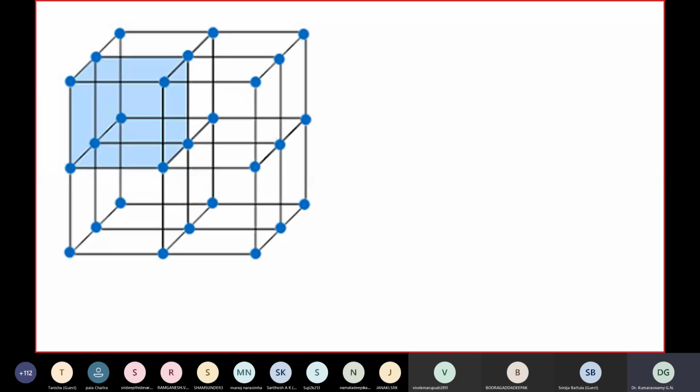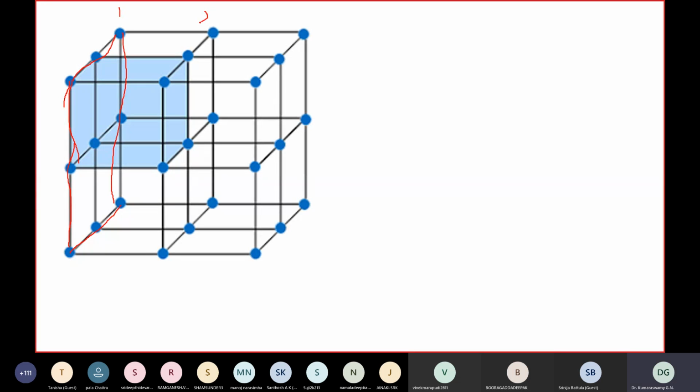Here we have a typical three-dimensional lattice. This is a cubic lattice, a simple cubic lattice, and it could be constructed in different ways. Let's say this is one way. You take this plane, and this is plane number one.